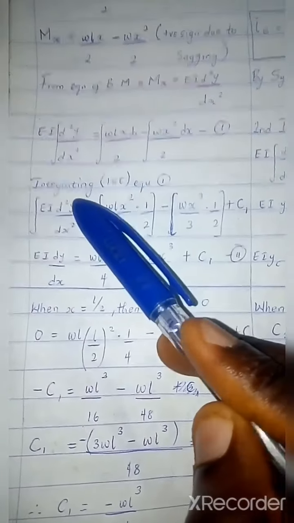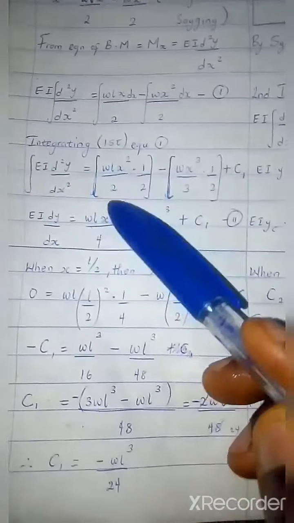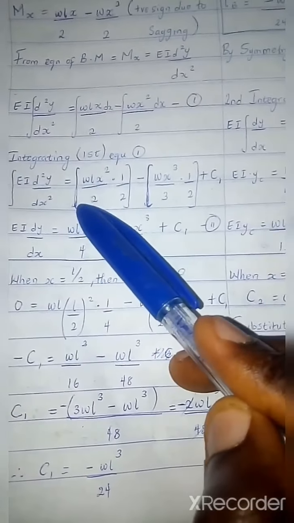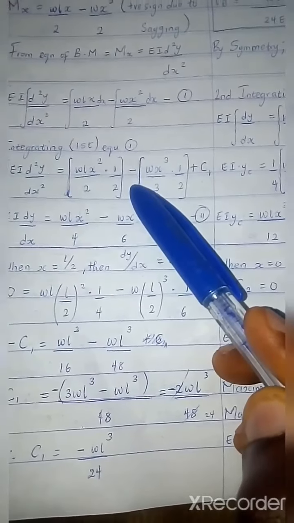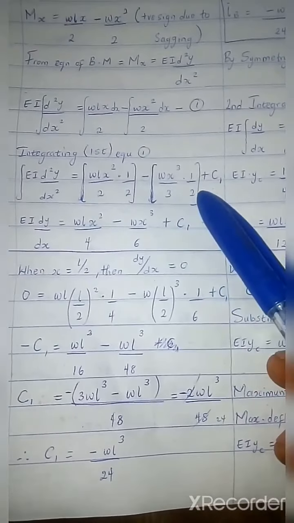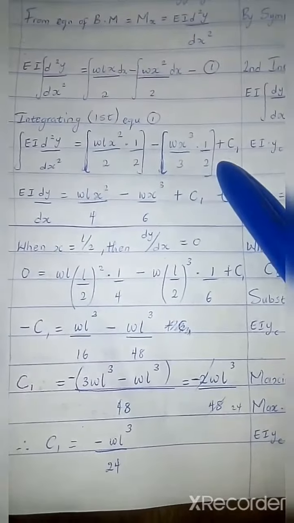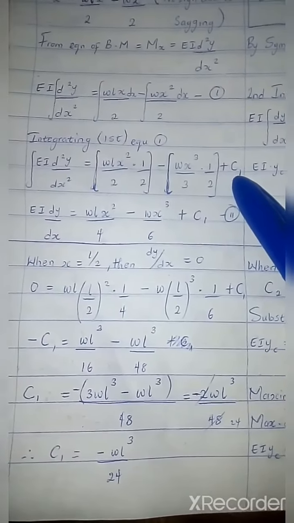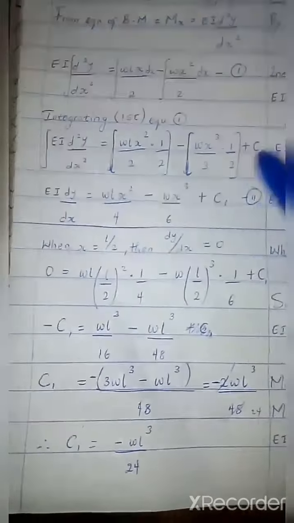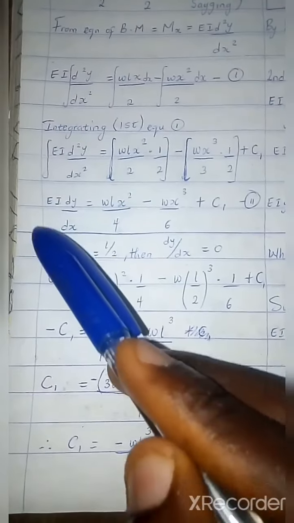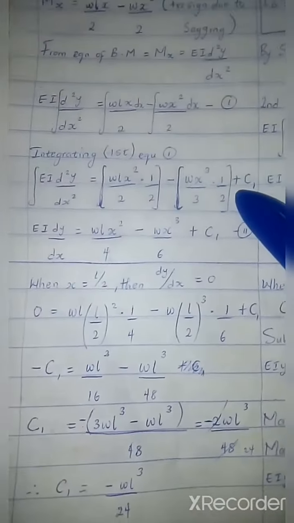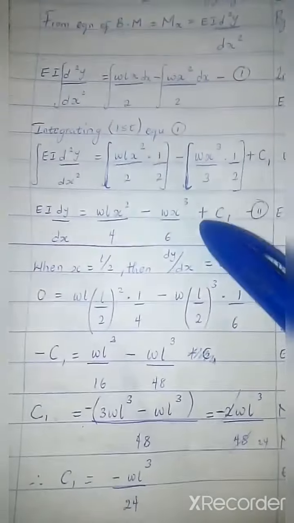Then integrating, you resolve it to be this. Follow the steps, which will be simplified for better understanding. Then you get the first constant of integration C1. So this is equation 2. Don't forget equation 1 and equation 2.